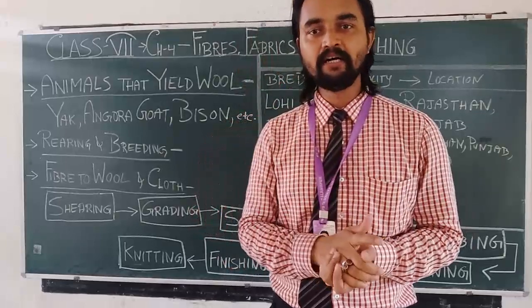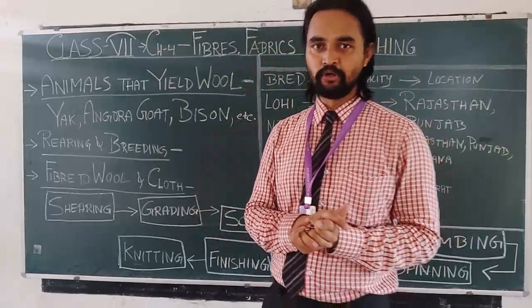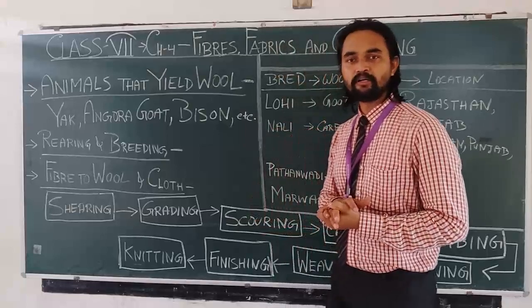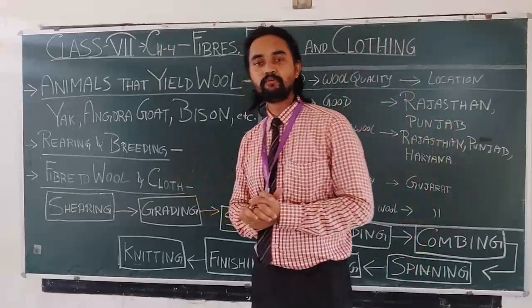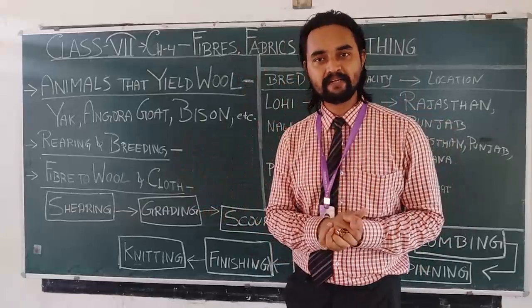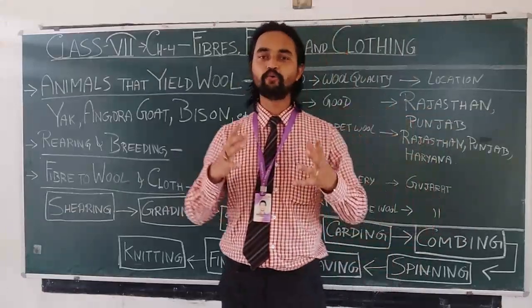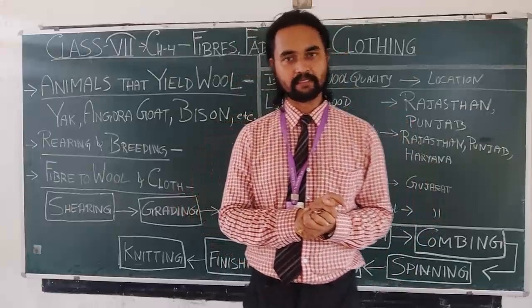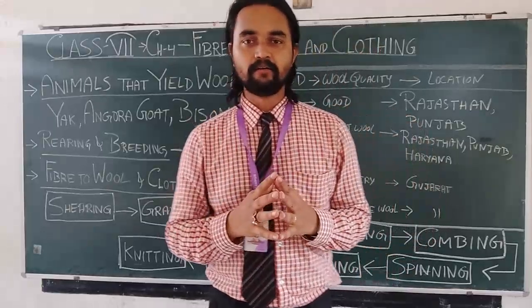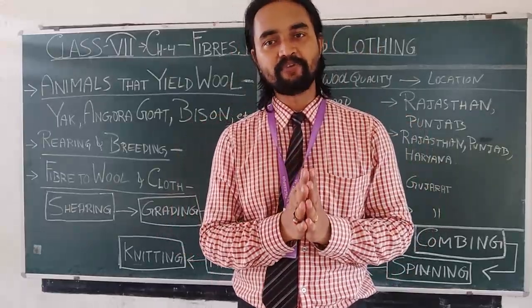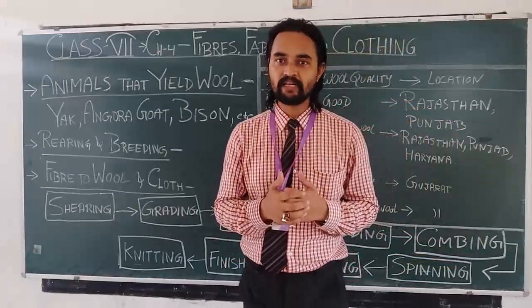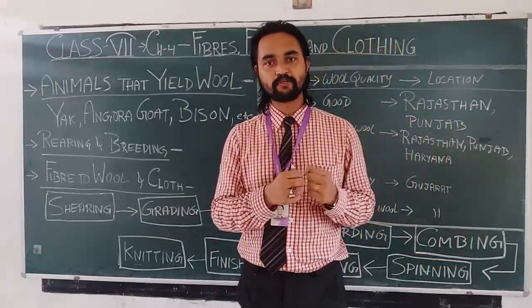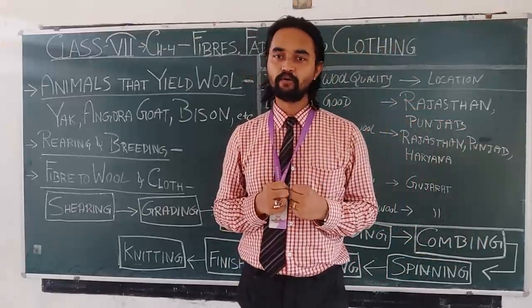We will observe the process of preparing wool. First of all, we have to rear and breed these animals. What do you mean by rearing and breeding? The term rearing refers to the process of taking care of the animals from which we obtain the wool.